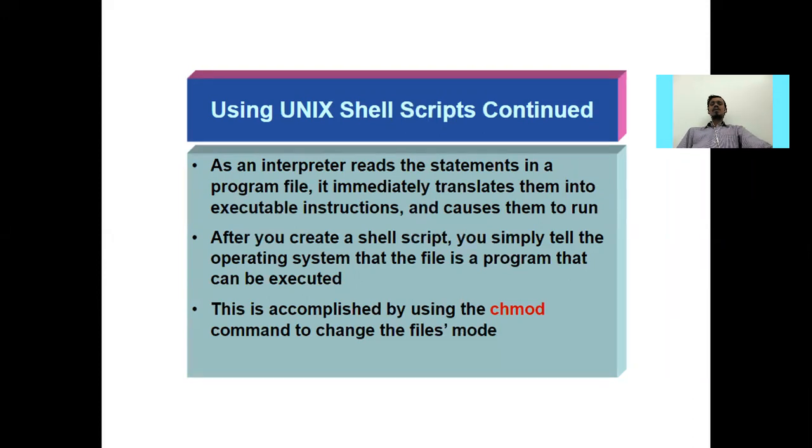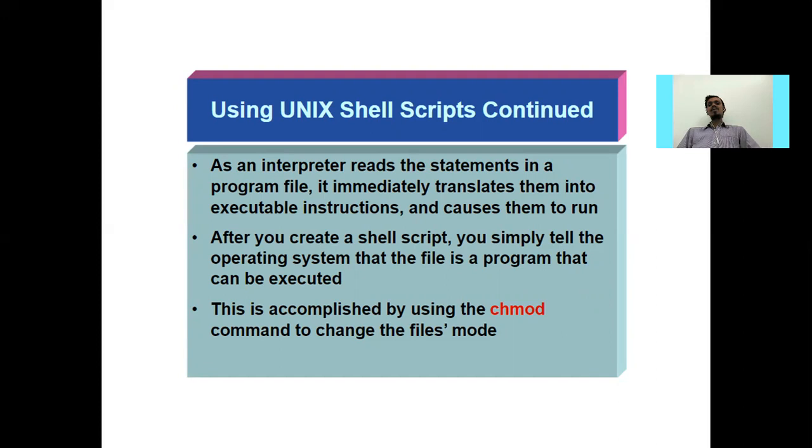After creating a shell script, we simply tell the operating system that the file is a program that can be executed. This is because the Unix shell works like an interpreter.